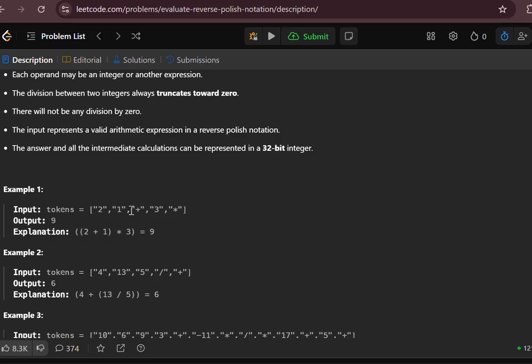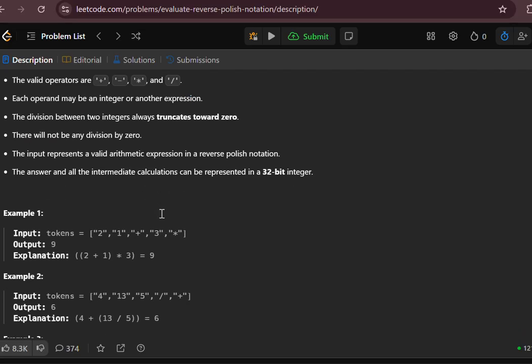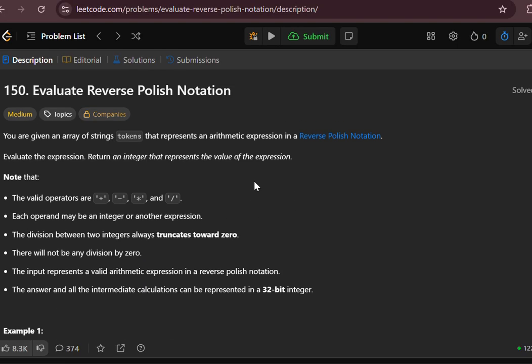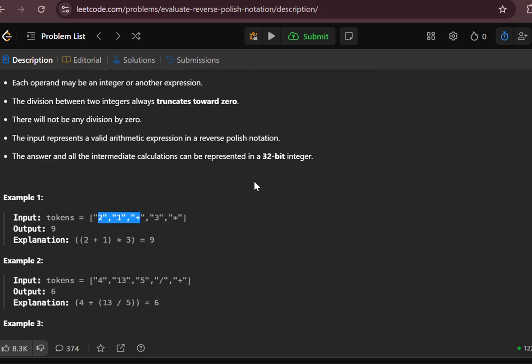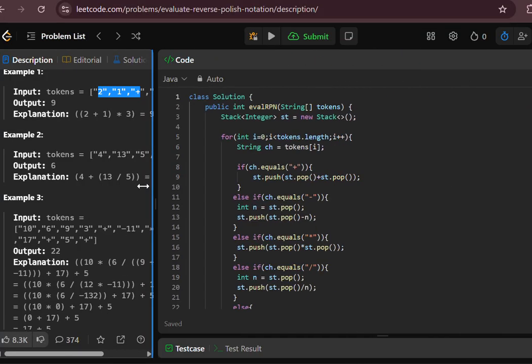Whenever we get an operator, plus, minus, multiply, or divide, we pop the previous two values, do the operation, and push the result back into the stack. This is labeled a medium level problem, but I don't think it is medium; it should be an easy. It's not that hard.